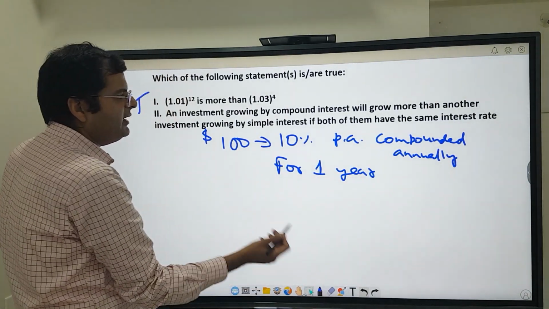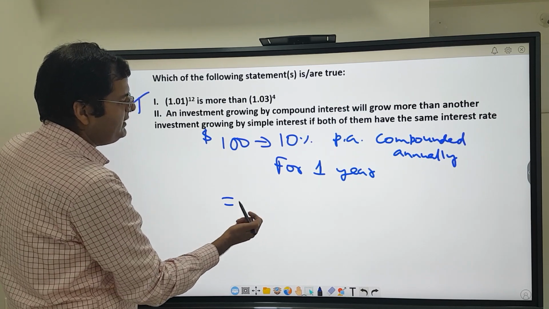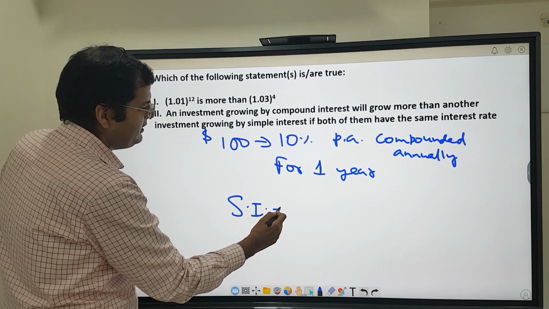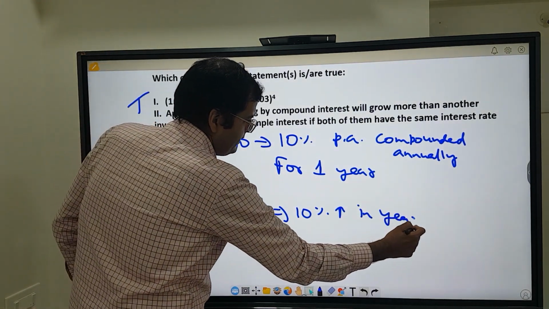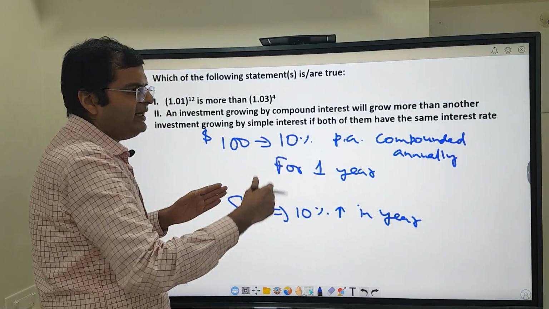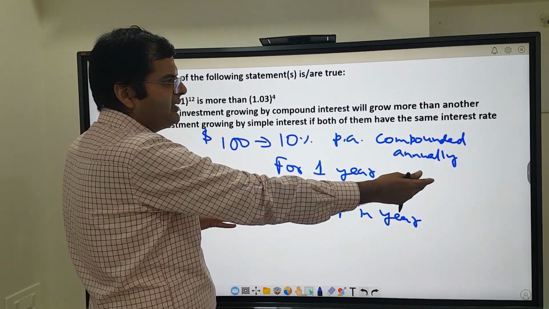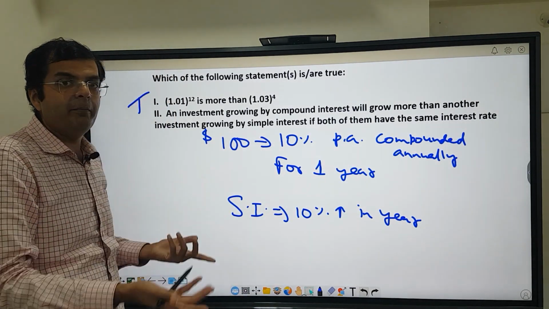If it is for 1 year, then this becomes equal to the increase in the simple interest scenario, because in simple interest it is the same thing. You get 10% increase in 1 year. If the compounding is not taking place, in the sense that after the first period there is no other period that is starting, then compound interest and simple interest become the same.